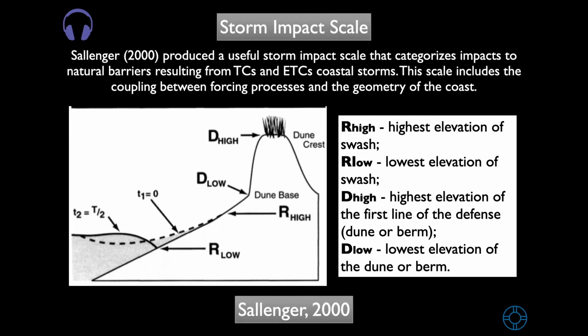Using information about the coastal storm and measuring the location of these four variables, Sallenger proposed a storm impact scale that has four regimes or four stages that we are going to see right now.